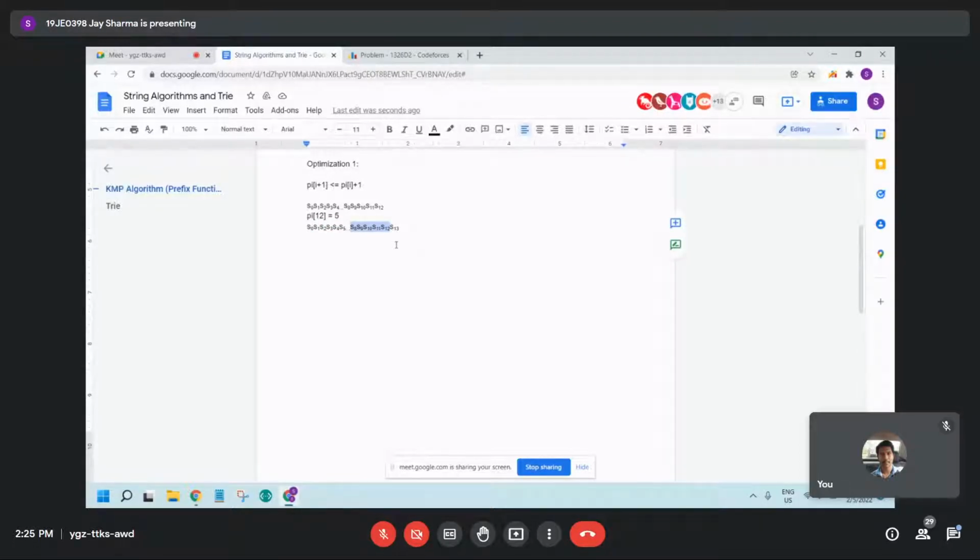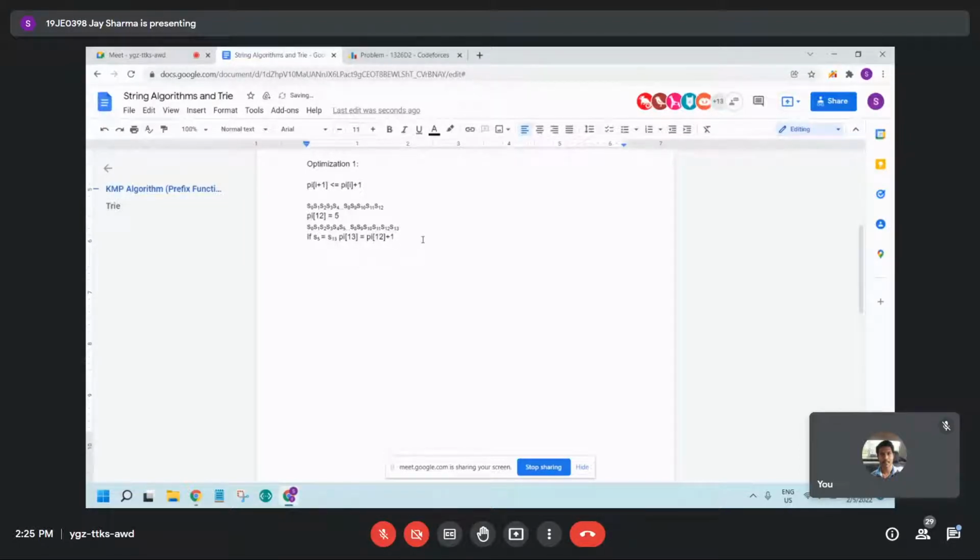Now we have two cases. First case is that if s5 is equal to s13, then we will have prefix function of 13 equal to prefix function of 12 plus 1.